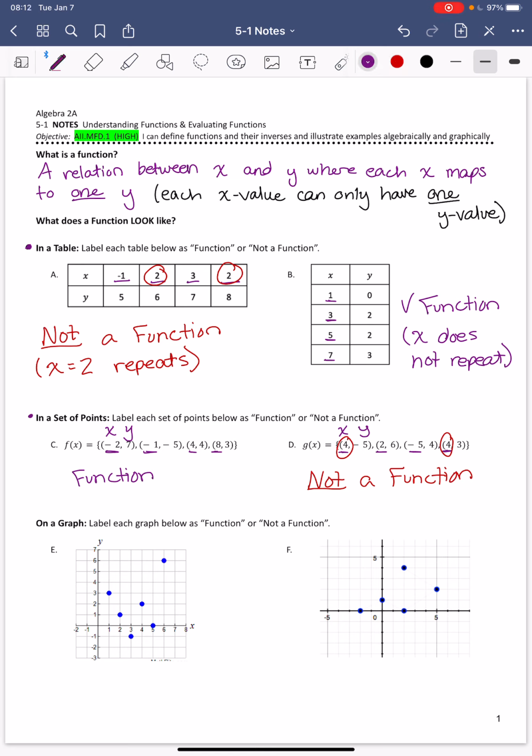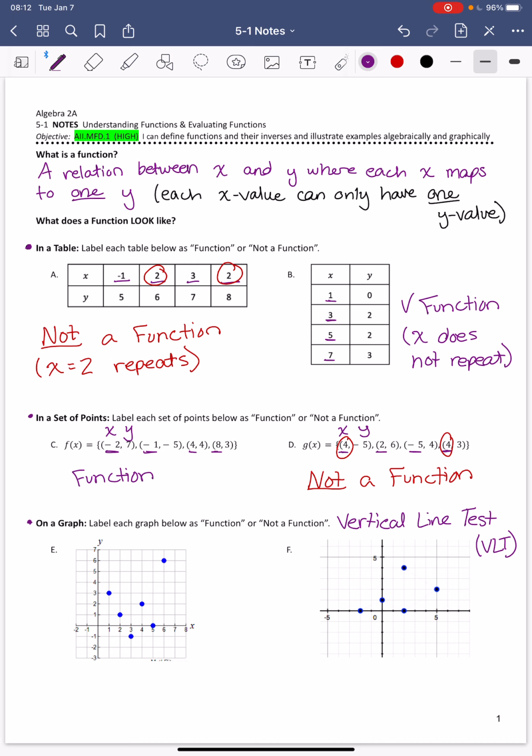Last representation, a graph. One more time, we're labeling each graph as function or not a function. So on a graph, what we are doing is called the vertical line test. And you're going to see me use this abbreviation, VLT.